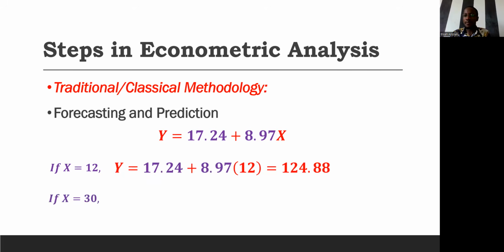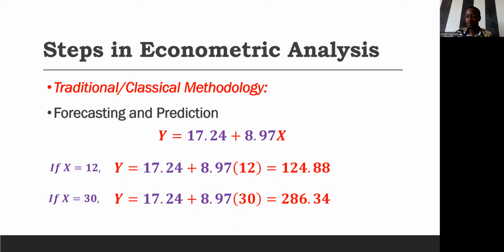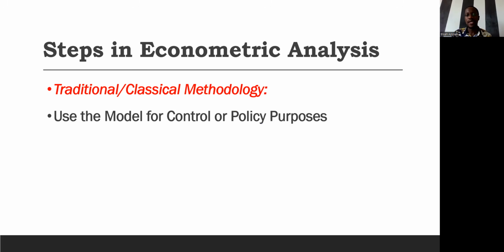And then if your income is $30, you can also substitute that into the equation, and then you're getting 286.34 consumption. So when you have your econometric model, then you can fix in different values of the independent variable, like income in this case, and then estimate the consumption levels at those income levels. So your model can now qualify for forecasting and prediction.